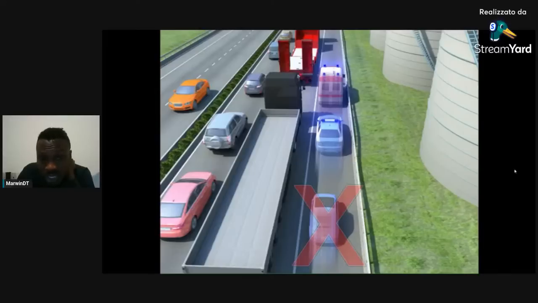So you see, there is a police car there, there is an ambulance, probably because there has been an accident or something has happened. But the blue car is red because it has to get out of there. It cannot circulate there, on the corsia di emergenza.